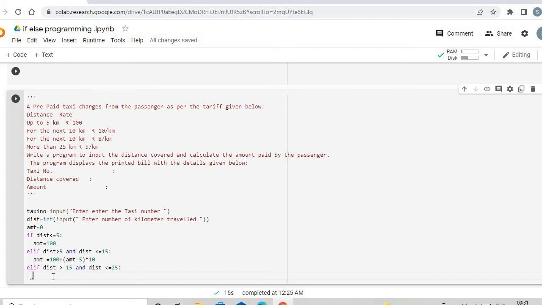So if we add 10 kilometers to 15, that is 25. So we are calculating the distance between 15 and 25 kilometers. See, I am making so many mistakes today.